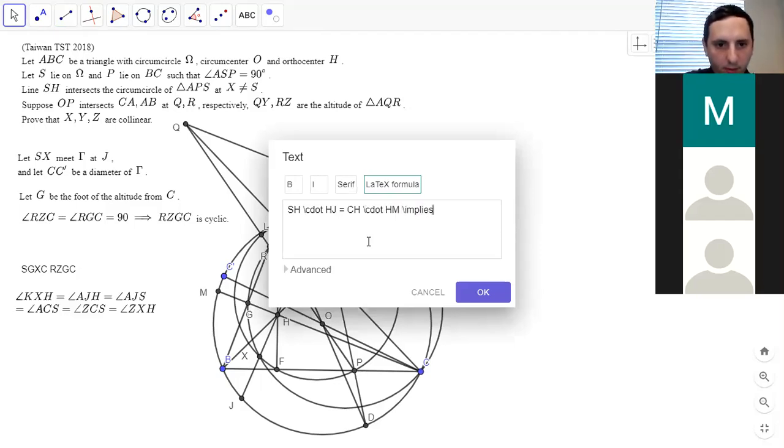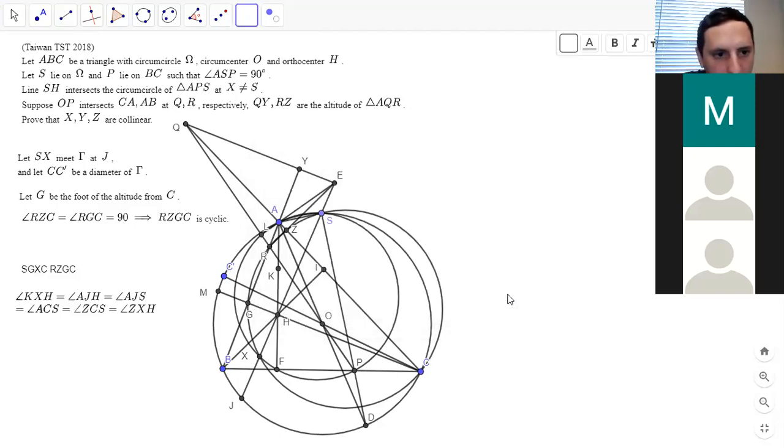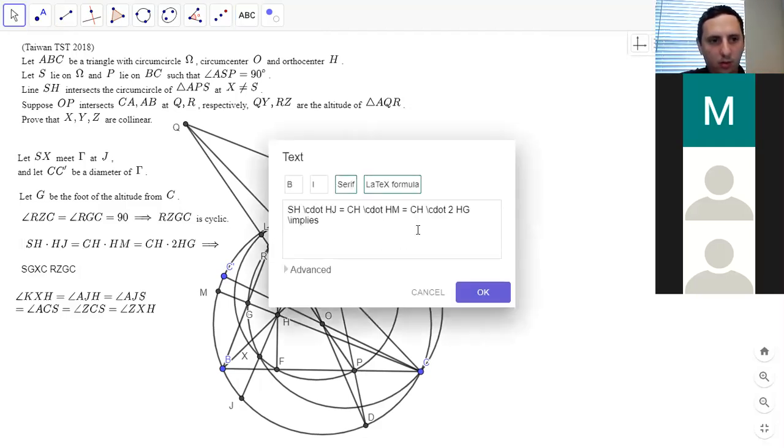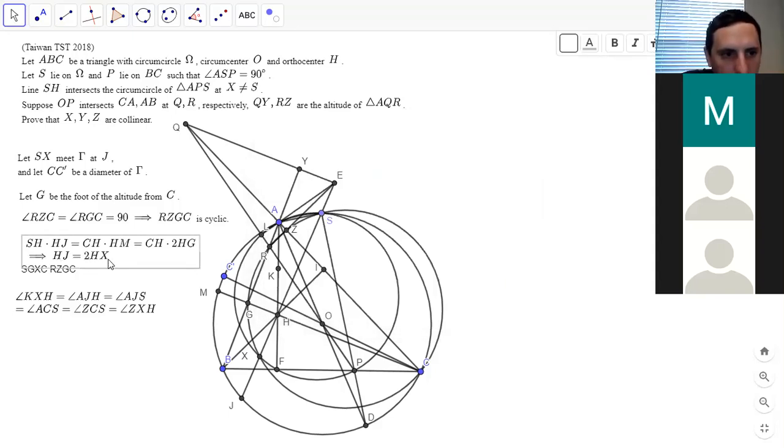That implies, and that's CH times 2HG. And so that implies HJ equals 2HX. And that implies that SGXC is cyclic.